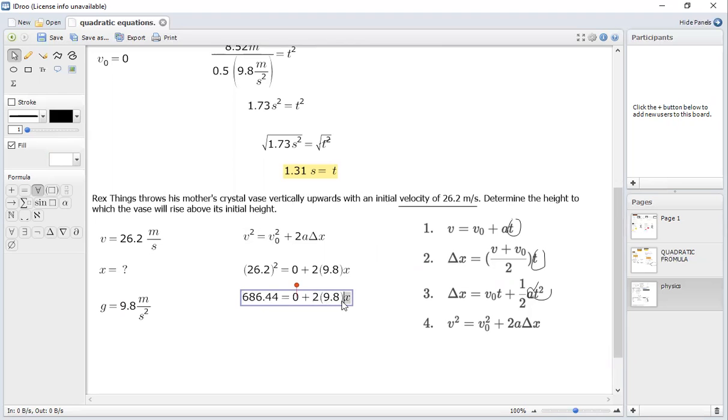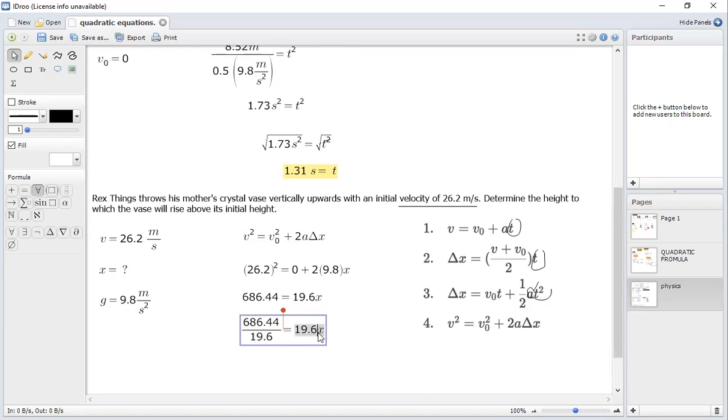And 2 times 9.8, what is? 19.6. Remember, we are looking for X, the distance. So this 19.6 is multiplying. How do we need to pass it? Divide it, exactly. Divide both sides by 19.6.